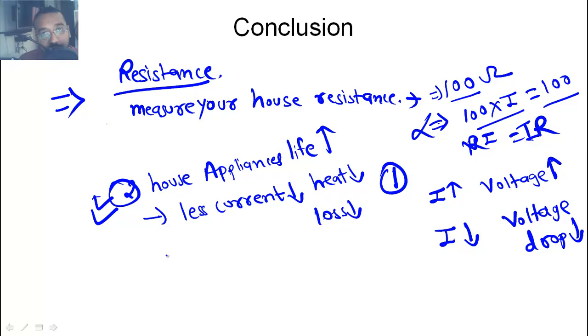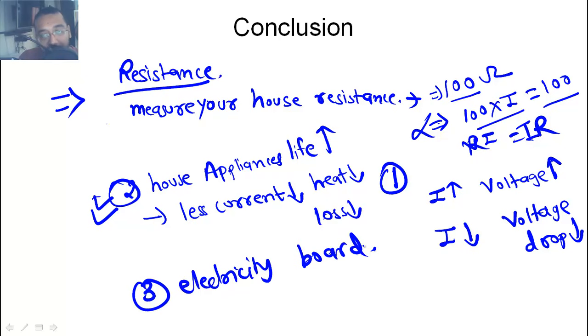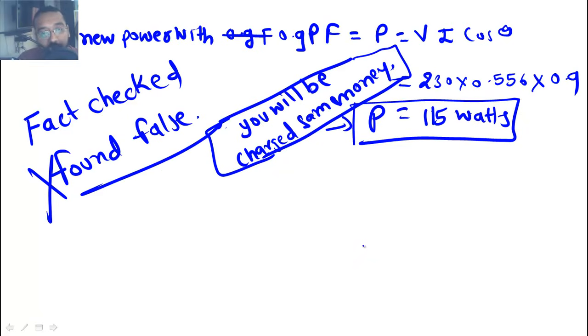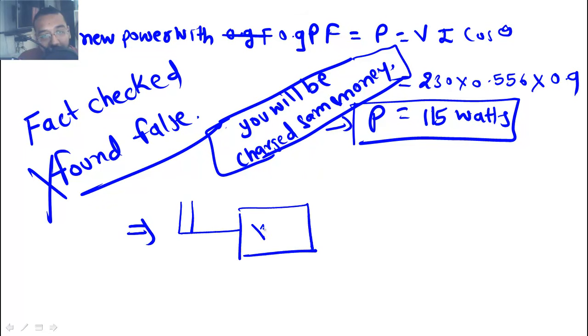Now the third advantage is not relevant to you, but it is relevant to your electricity board. How it is relevant, I am explaining here. Whenever the power lines are coming, they first come into a device called a transformer, and this transformer is rated in kVA.